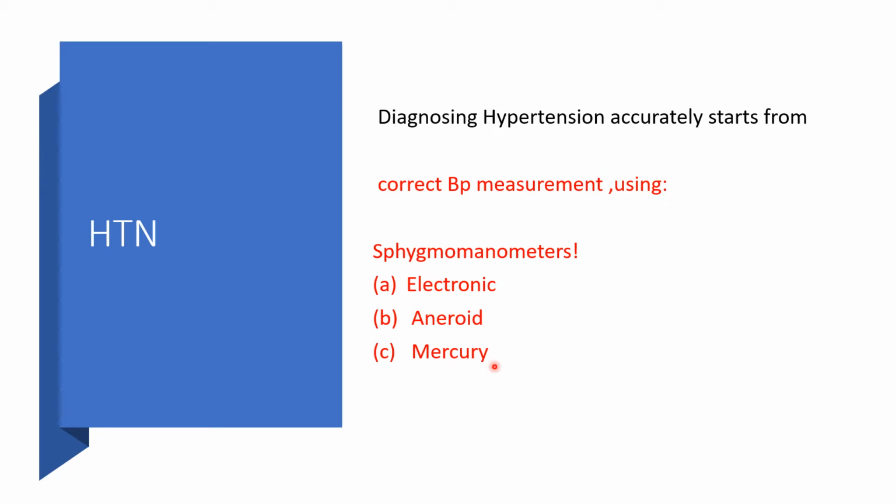Well, I have not seen one that has been broken and the mercury poured on the floor anywhere that I've ever walked, because mercury will be more accurate than aneroid, and even electronic sometimes could be unpredictable but helpful. It is helpful compared to someone who will not even use any to know any value at all. So the mercury is the best choice out of the 3. So in many hospitals across the globe, mercury sphygmomanometer will be available.